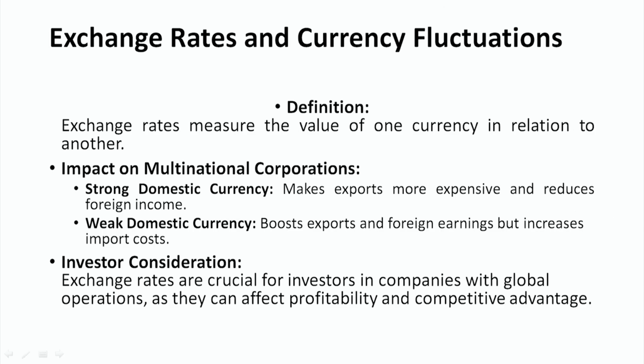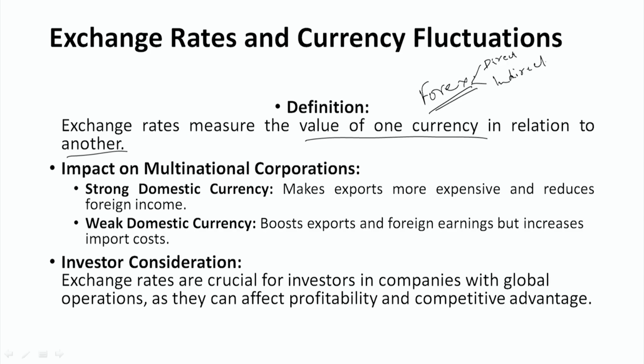Next important factor is exchange rate and currency fluctuation. Exchange rate, otherwise we call it forex. What do you mean by forex? Forex is the value of one currency in relation to another. As I told you in my previous lecture, this can be either a direct quote or an indirect quote.